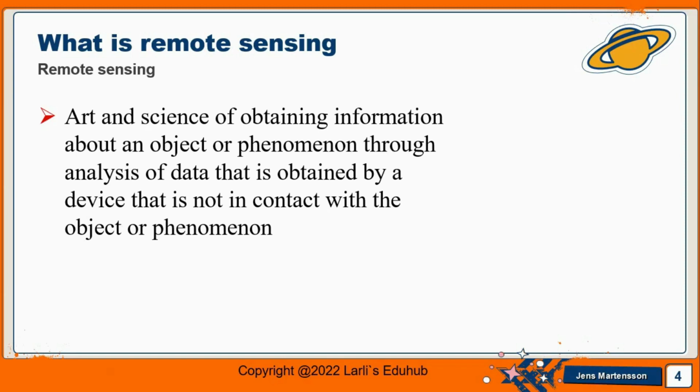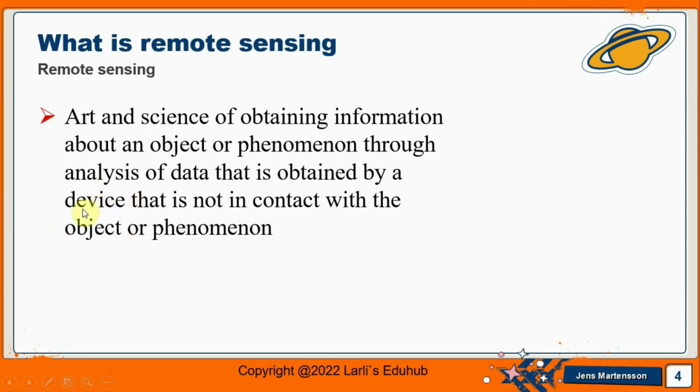Wow. So in remote sensing, our object of study or our phenomenon is the planet Earth or the universe. So in remote sensing, we are basically interested in the study of the Earth through analysis of data that is obtained by a device. What is this device?